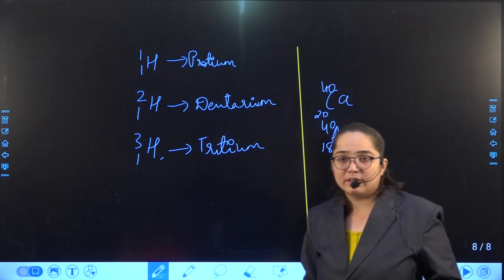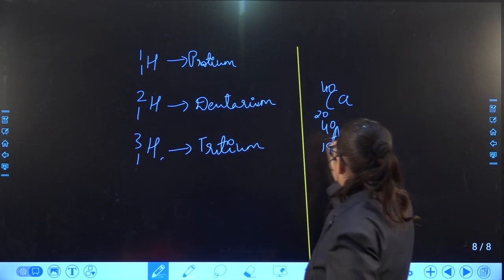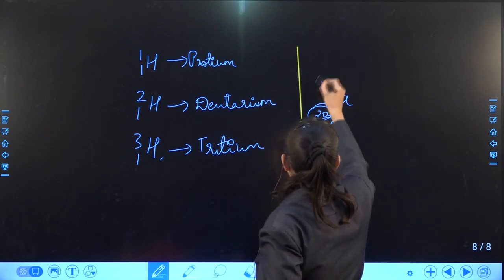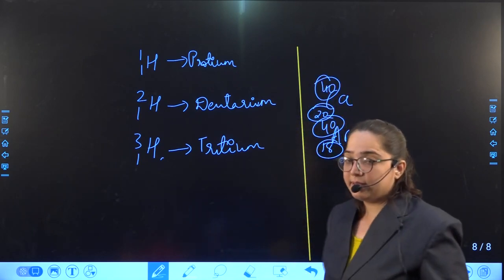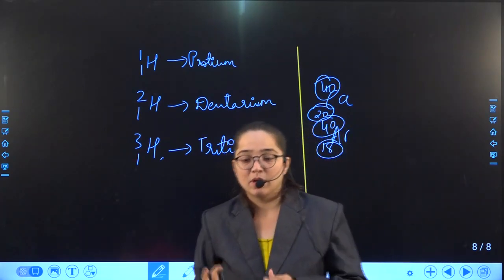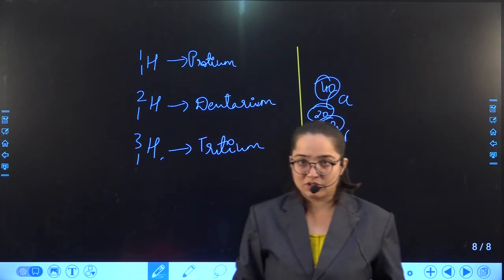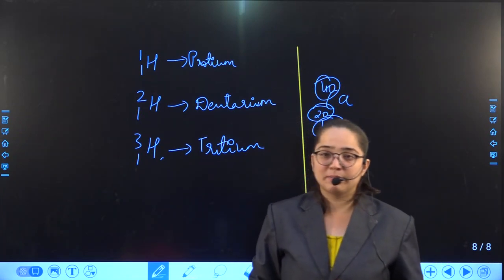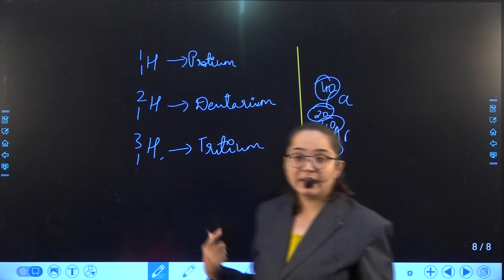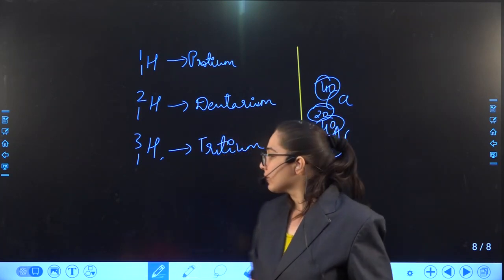Both calcium and argon have different atomic numbers, but the atomic mass is the same. Because the atomic mass is the same, we can say that they are isobars of each other. This is just one very small simple example. We can take other examples too.